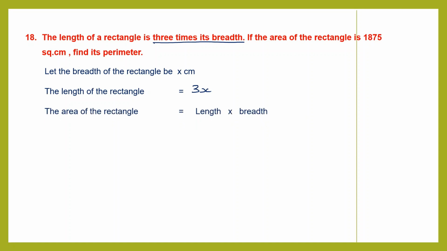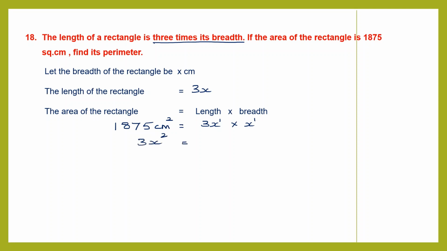That means the area of the rectangle is equal to length into breadth. Length is 3x, breadth is x. And the area of the rectangle is given to us as 1875 centimeter square. Now 3x into x will be 3 into x to the power of 1 plus 1, which is 3x squared.